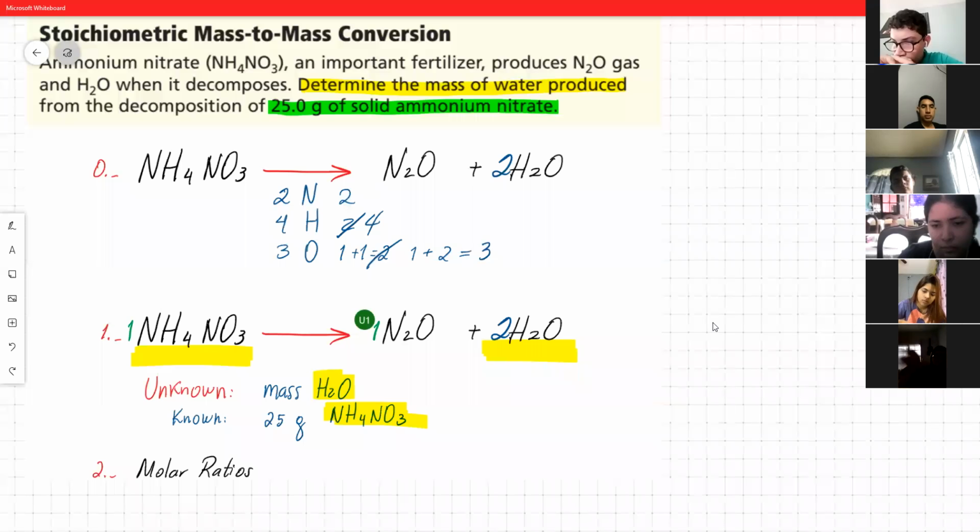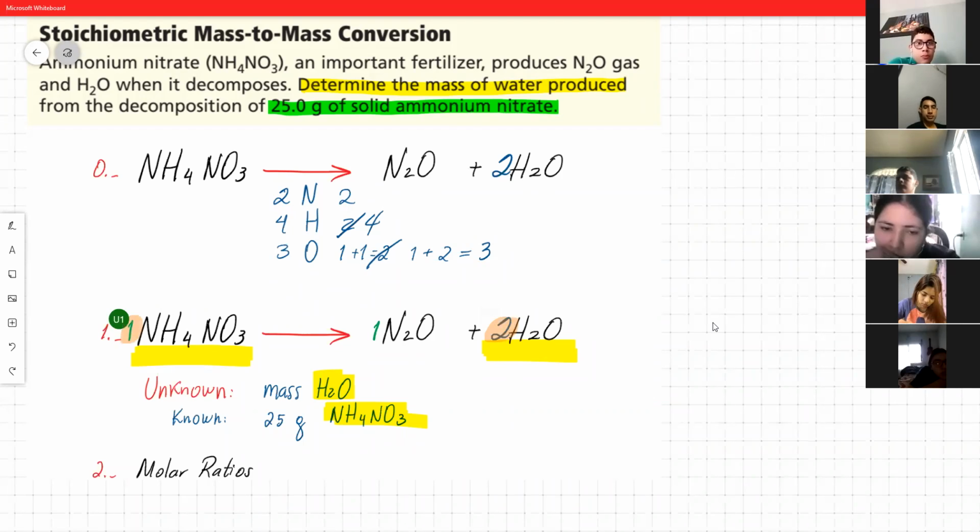Okay, now it's better, it's more appropriate. Now, what I do after is I write the molar ratios because I'm relating water and ammonium nitrate. I'm going to use the coefficients for water, which is 2, and for ammonium nitrate, which is 1. So the ratio is 2 to 1.